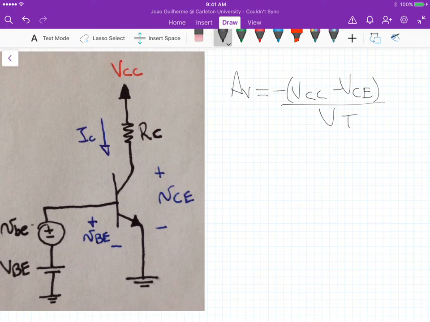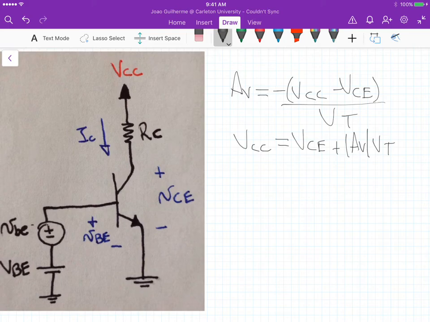If we rearrange this to describe VCC, we get that VCC is equal to VCE plus the magnitude of the voltage gain times the thermal voltage.